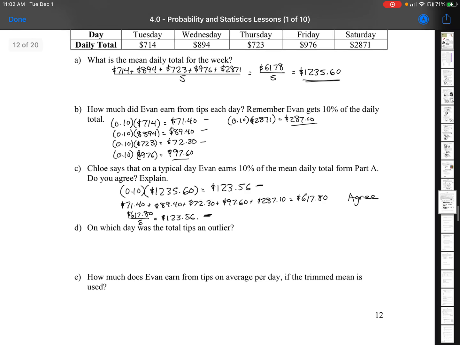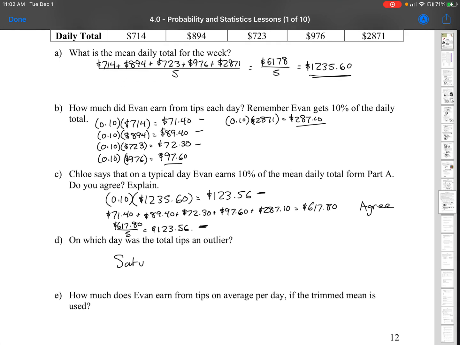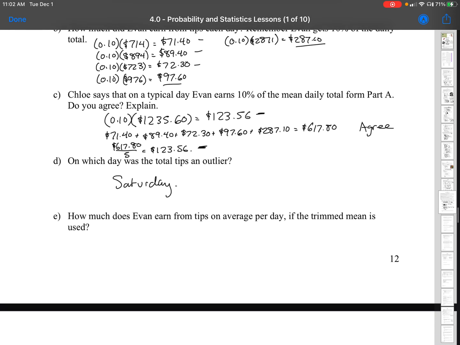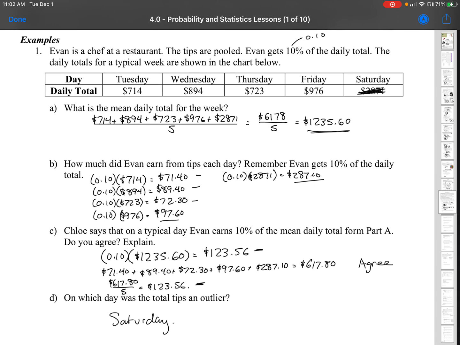Okay, now of those 5 days, which one's the outlier? Well, Saturday, obviously. It's significantly higher than the rest of them. Okay, so then how much does Evan earn in tips on average per day if the trimmed mean is used? Well, if we're getting rid of the highest one, we have to get rid of the lowest one as well. Lowest one here is 714.